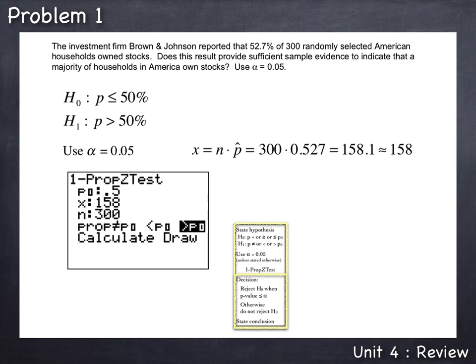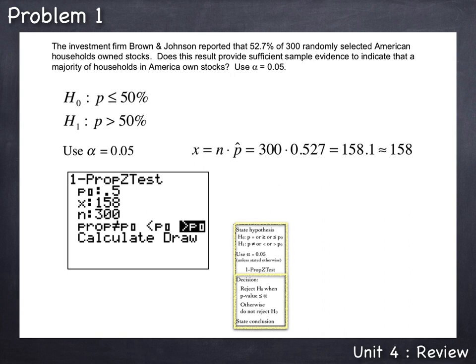That is, reach the decision and then state the conclusion. All hypothesis tests have the same decision rule. You either reject H0, the null hypothesis, whenever the p-value that is calculated is less than or equal to alpha, the level of significance. Otherwise, if the p-value is greater than alpha, we do not reject H0.